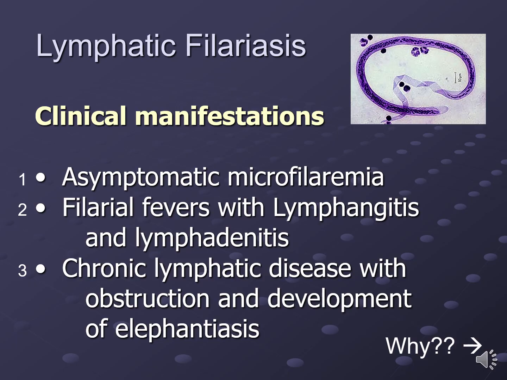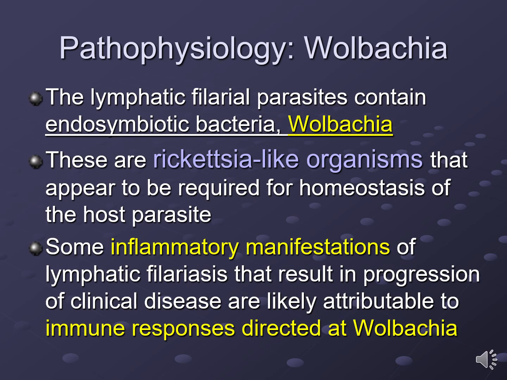Now, why does this happen? It is said here that the bacteria called Wolbachia, if it comes to infect those parasites, then it will affect them, and there will be inflammation invited by those parasites, by the infection with those bacteria.